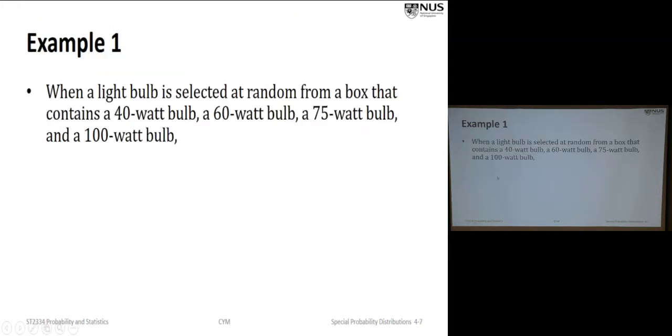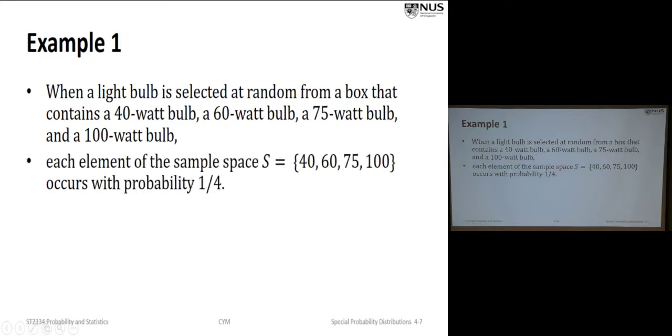So let's look at this example. Suppose I have a box containing 4 light bulbs. They each have different voltage, different watt, sorry. So we select one at random. In this case, each of these light bulbs has an equal chance of being selected, which means 1/4, and the values are 40, 60, 75, and 100.